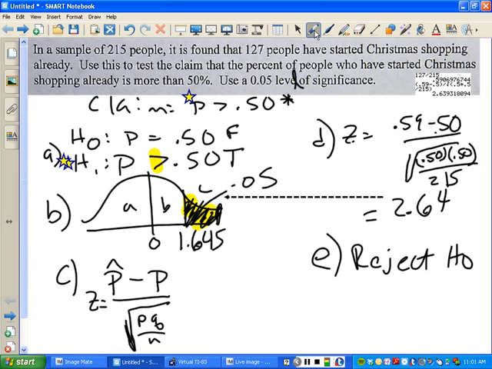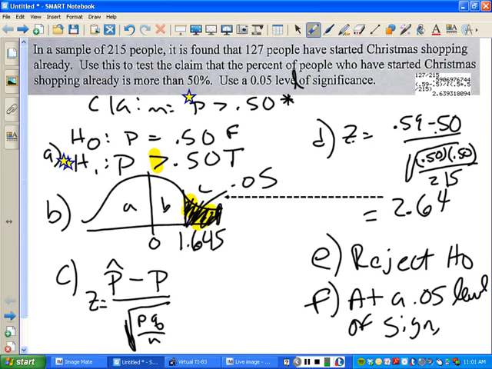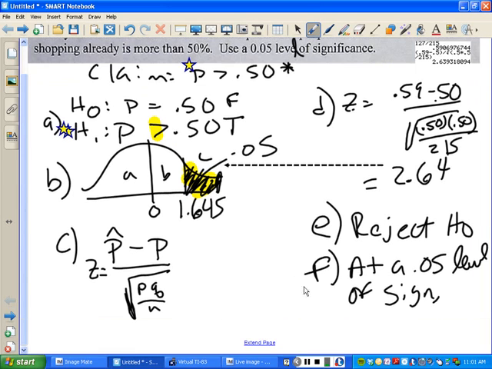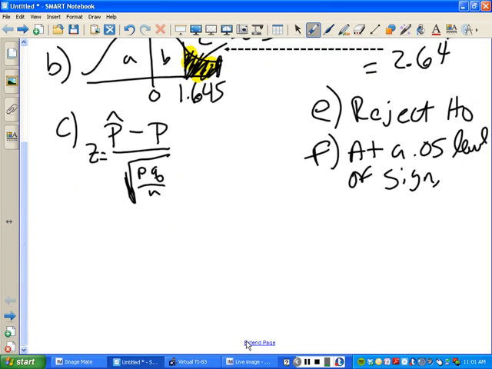So for F, what you want to say is at a 0.05 level of significance, which I'll abbreviate. People ask me, can we abbreviate it too? Yeah, you can.